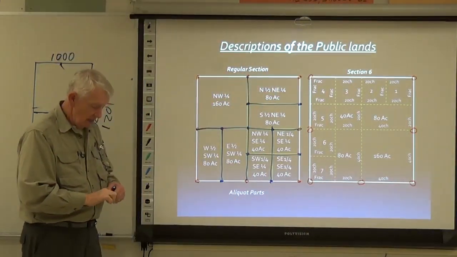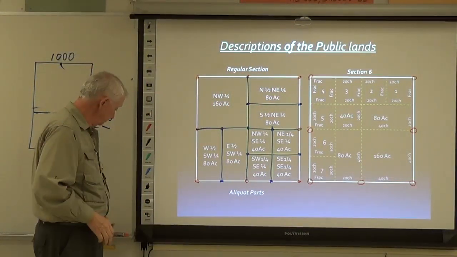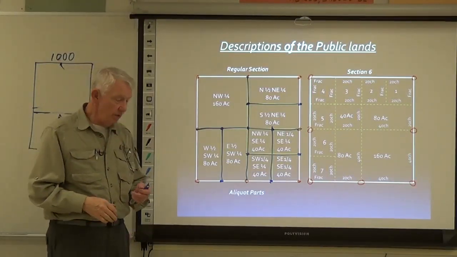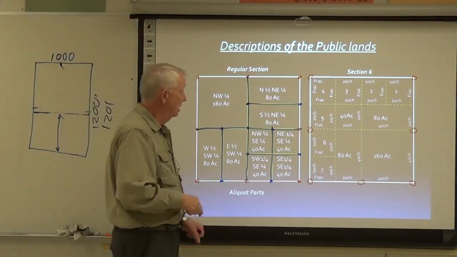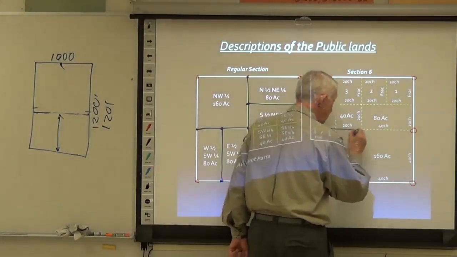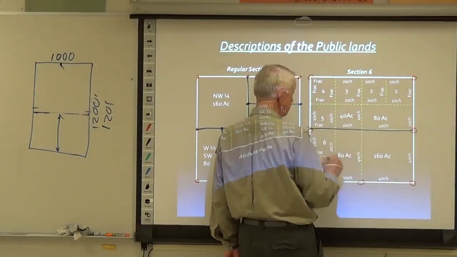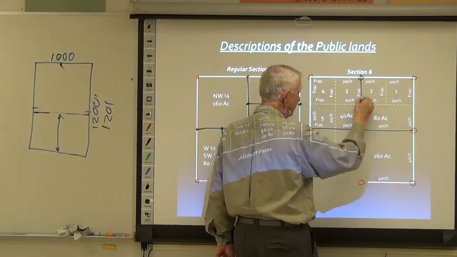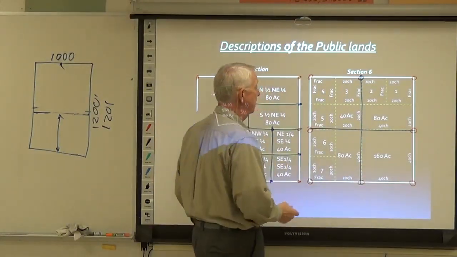Okay? Now, if we were going to subdivide this, just like the manual says, straight lines between quarter corners. Oh, I forgot that quarter corner, sorry. Right in there, like that.